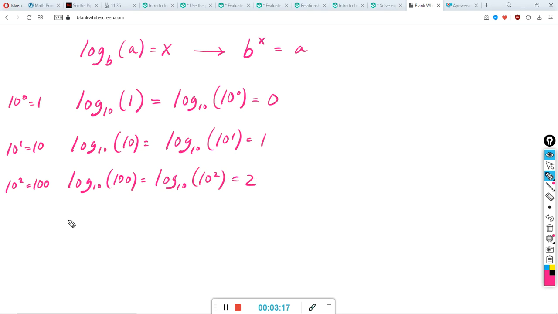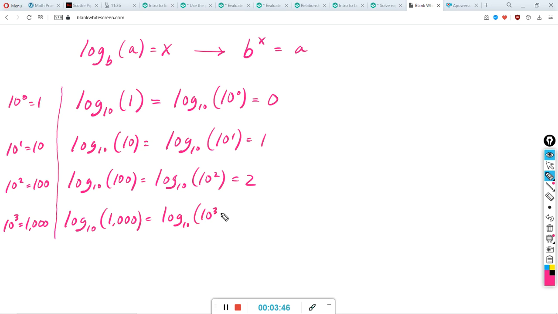Just one more. Log base 10 of 1,000. I know 10 to the third equals 1,000. So in place of 1,000, I'm going to substitute 10 to the third, and we can see the exponent here is 3.